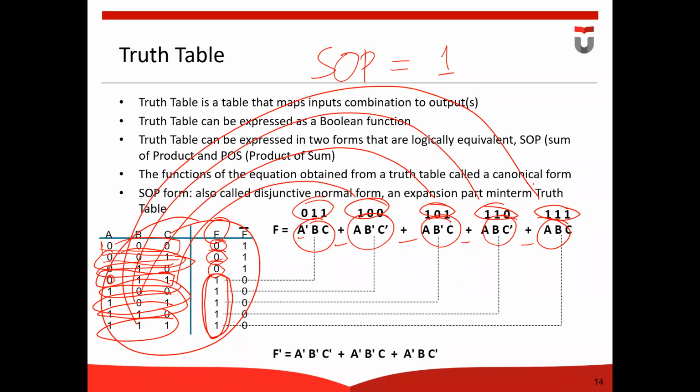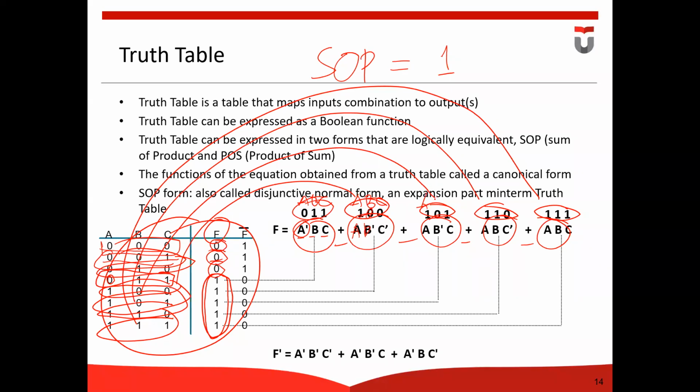Now we're going to represent the 0 and 1 by using the input's name. This is the A, this is B, and this is C. Because A is 0, then we can call it A not, B, C, because B is 1, C is 1. And then this is A, this is B, and this is C. A is 1, so we call it A. B is 0, so we call it B not. C is 0, C not.